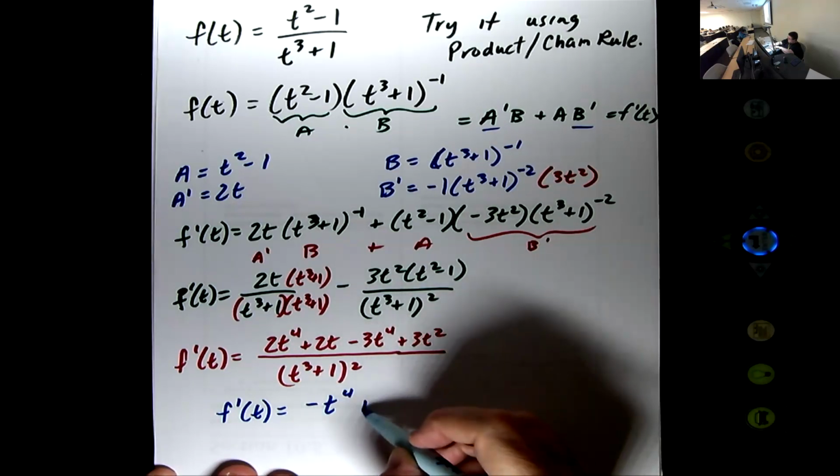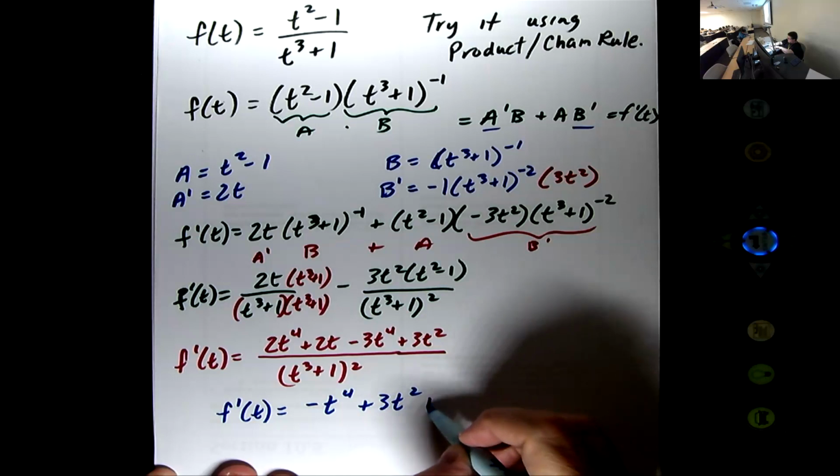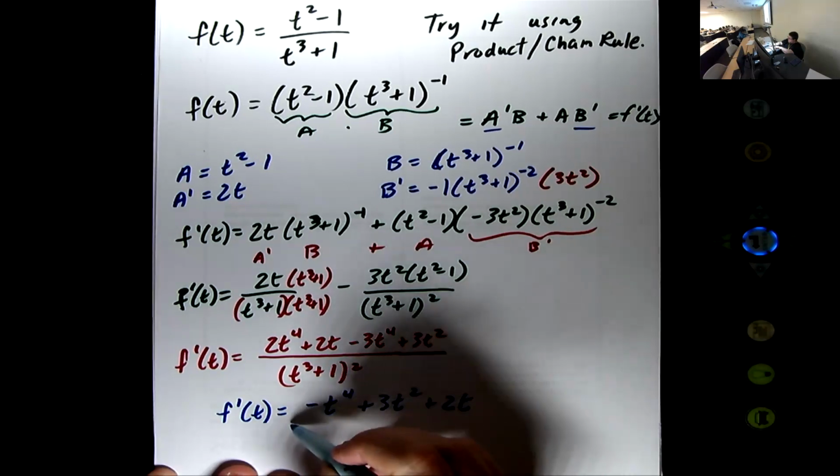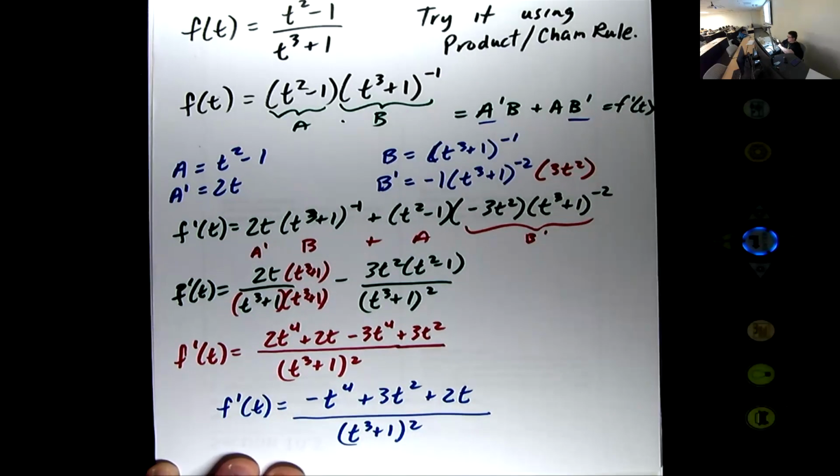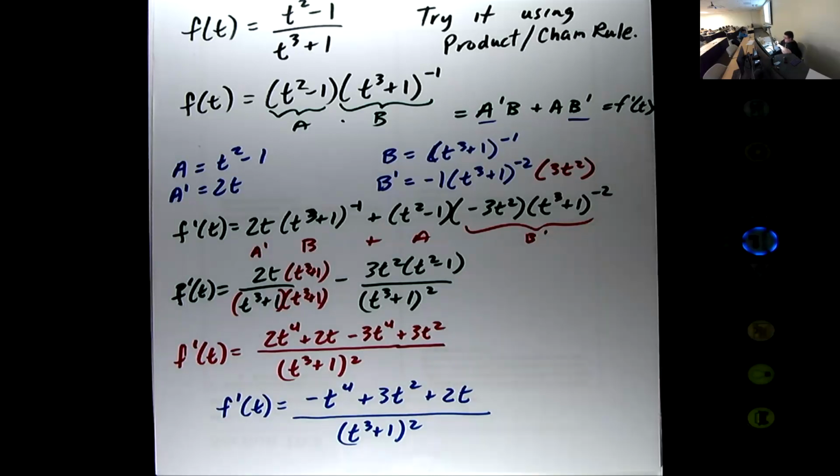Got a negative t to the 4th. I wonder if that actually factors on top. No, that negative sign is throwing it off. There's no way. I mean, we could take out a t, but.